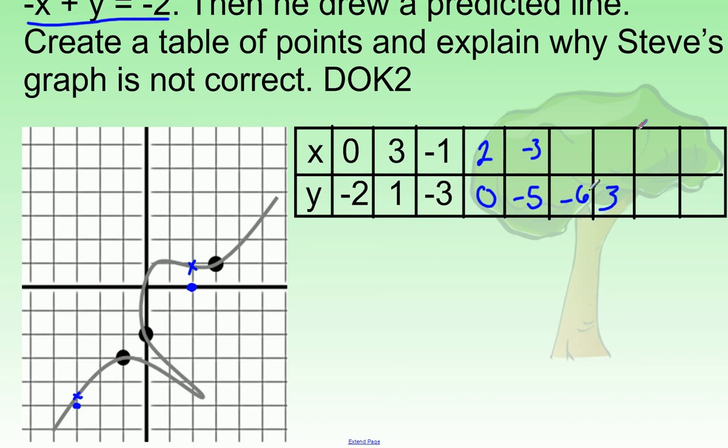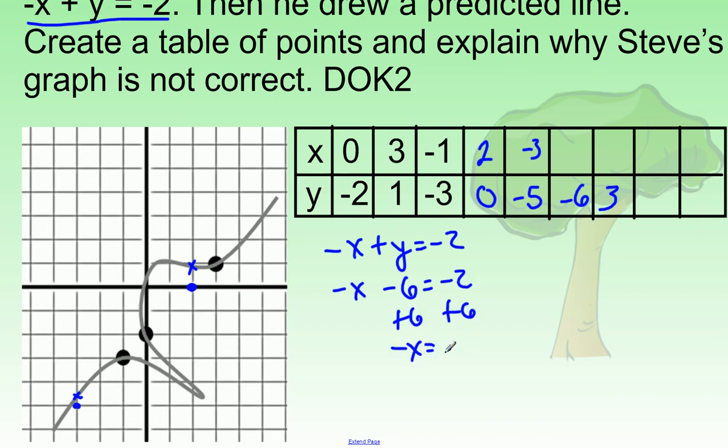So I'm going to plug this negative 6 into the equation. So negative x plus y equals negative 2. So there's my negative 6, there's my negative 2, and there's my negative x. So I'm going to need to add 6 to both sides. Give me negative x equals 4.